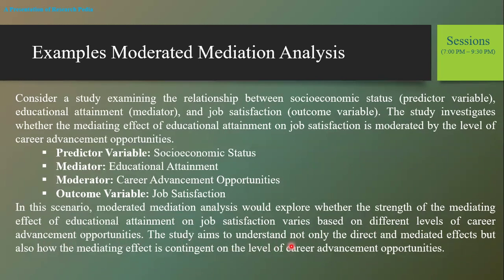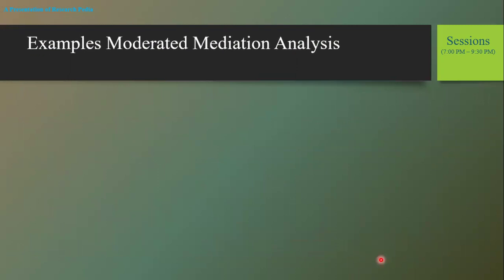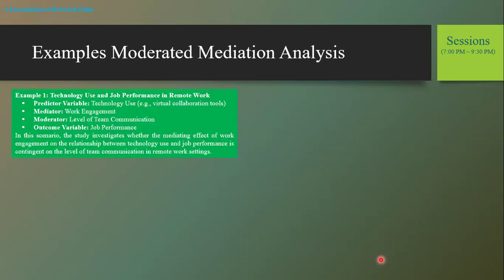The study aims to understand not only the direct and mediated effects, but also how the mediating effect is contingent on the level of career advancement opportunities. This is how we can analyze different situations considering moderated mediation analysis.